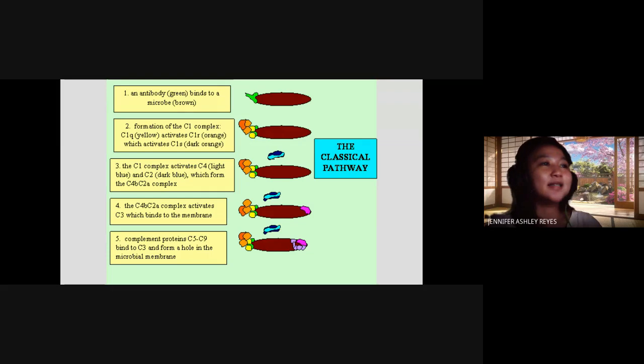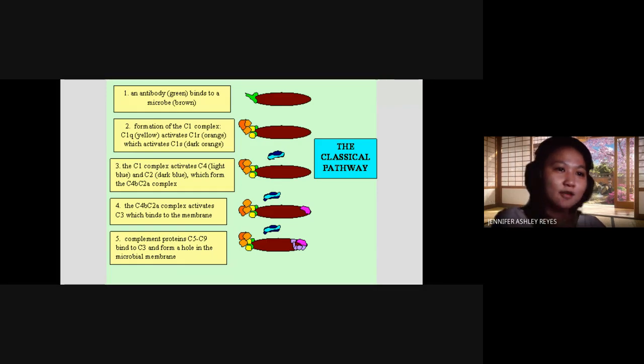Pag nag-bind si C4B and C2A, may special name yan silang dalawa. Ang tawag dyan sa C4B and C2A na complex is the C3 convertase complex. So, from the name na C3 convertase, meaning yung combination nila both will activate C3 or will cleave C3. Okay?